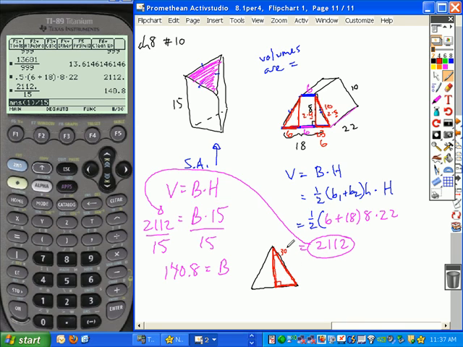Two 30-60-90s. So this is 30 degrees, 60 degrees. If we were just to put these in terms of, let's say, x, let's call this x. If this is x, what's the height going to be? Using the special properties of a 30-60-90, we have x, 2x, and x root 3.